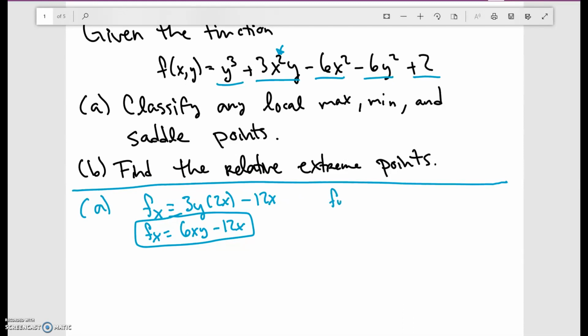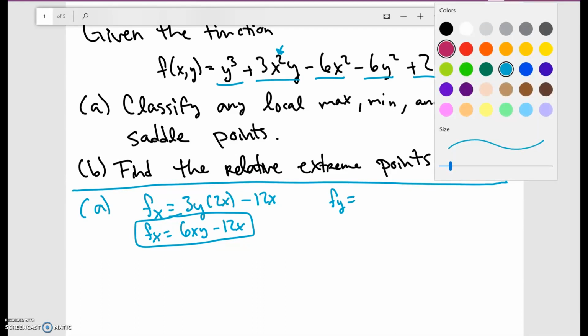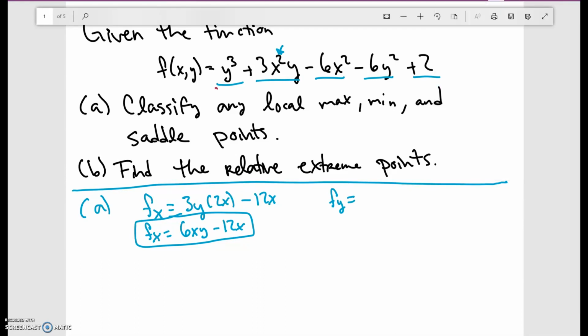So now my first derivative with respect to y. Now I'm going to take the derivative with respect to y. So here is a y, I'm going to take the derivative of that. That's going to be 3y squared. Then I'm going to take the derivative of the second term. I can pull out that 3x squared and take the derivative of that single y, which is just going to be 1.